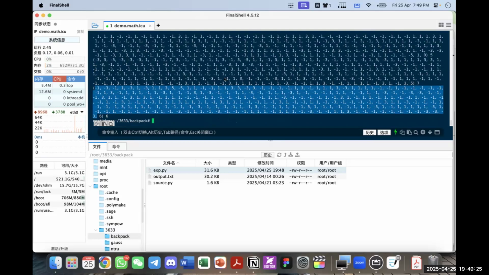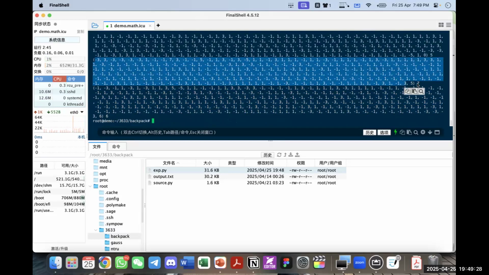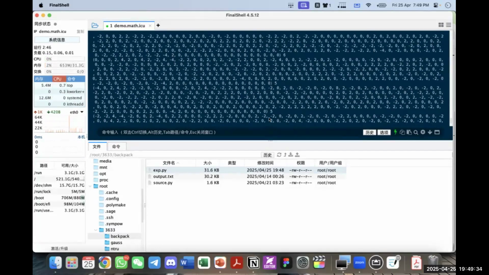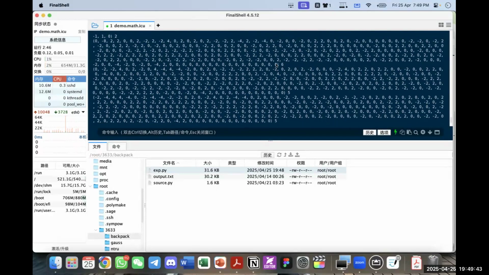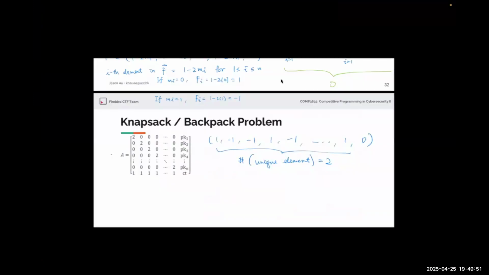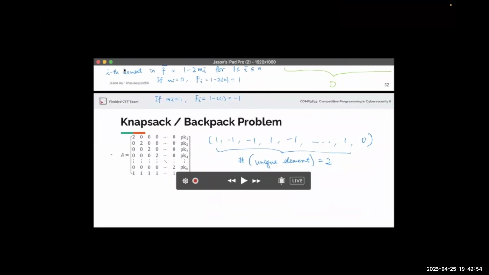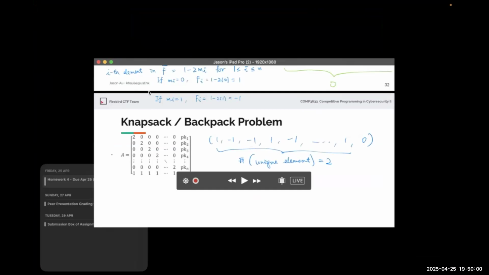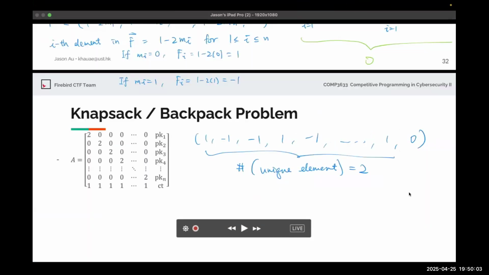For this one, we have seven unique elements, and maybe we scroll up. This row we have 5 unique elements, and for this row we have 6 unique elements. But for our target row, we will have 2 unique elements.